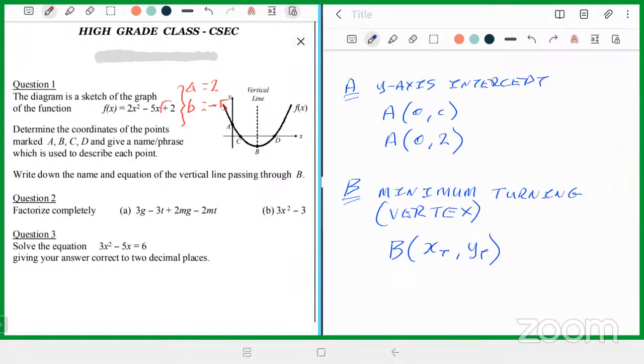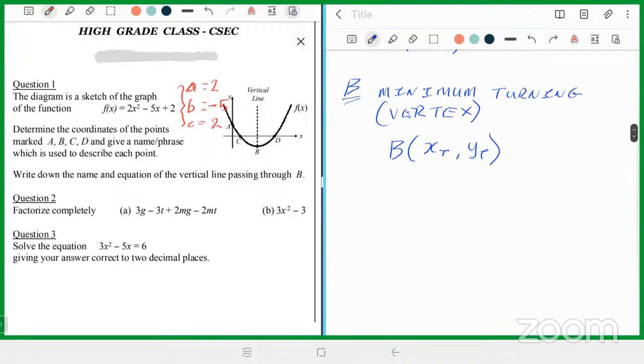And the C, which is the constant term in the standard form, is equal to 2. So the A, the B, and the C are the constant values from the function that we're going to be using to calculate the coordinates xt and yt. There are other ways to do it, but we're going to do it using this formula method. All right, so let's go.